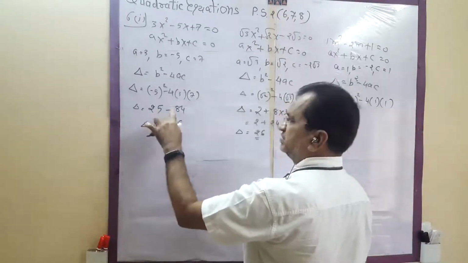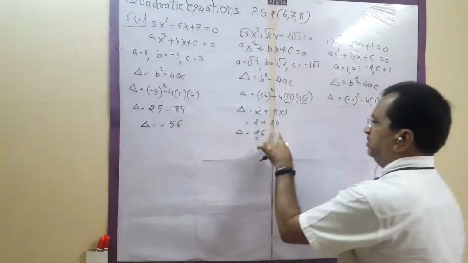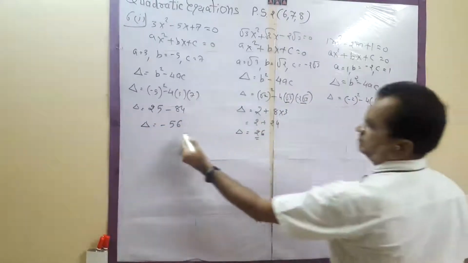Among these two, which is bigger? This, so minus. Among these, which is bigger? This, so plus.